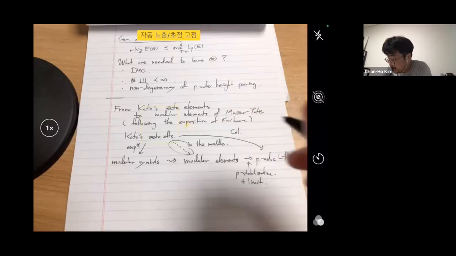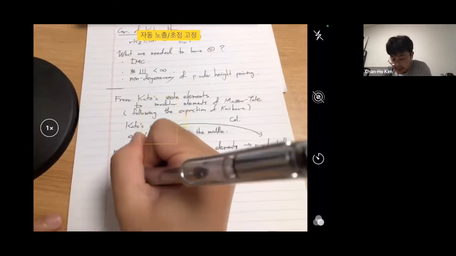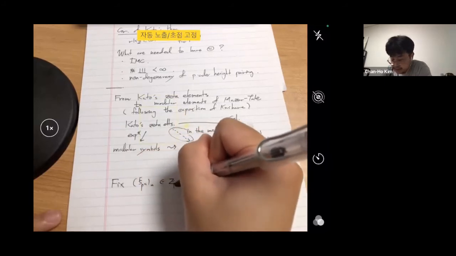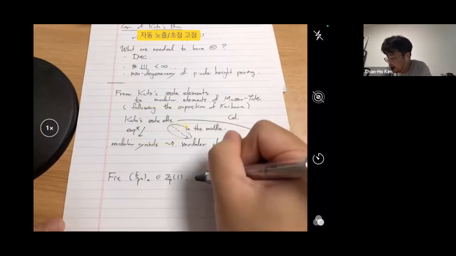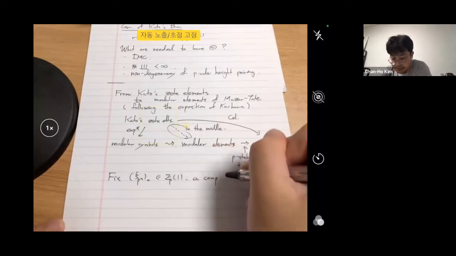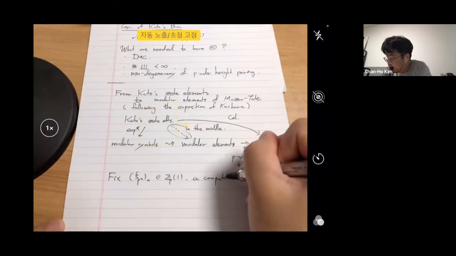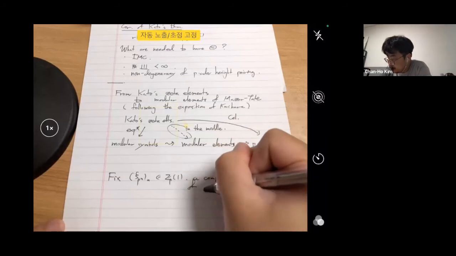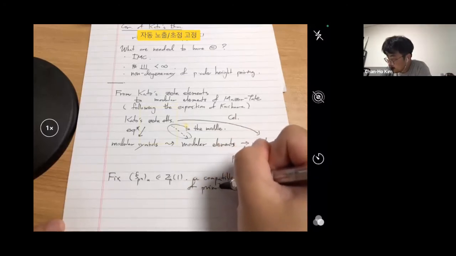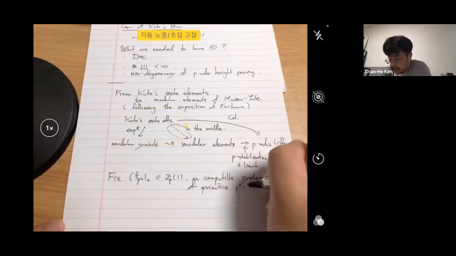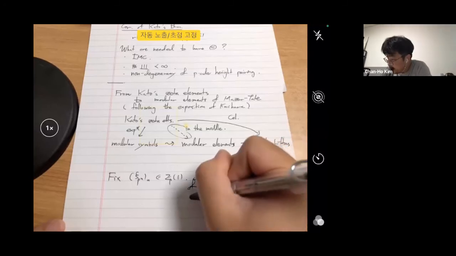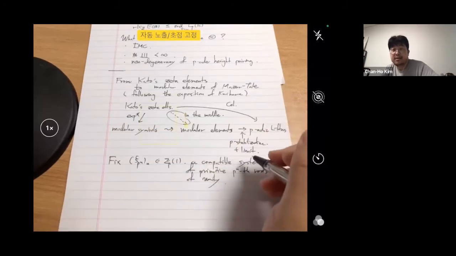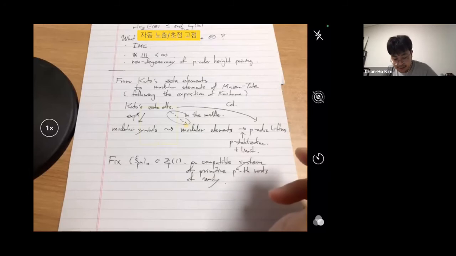In order to do that, we first fix a compatible system of p-power roots of unity, primitive p^n-th roots of unity. And we need a very little bit of p-adic Hodge theory.